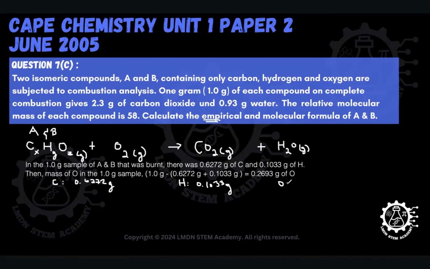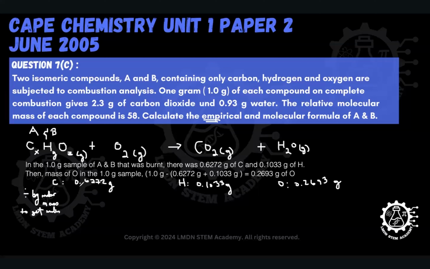And for oxygen, we just calculated that we would have had 0.2693 grams. And so what do we do when we have these masses now? The masses of each element that was present in that compound that we combusted, we're going to divide them by their molar masses to get moles. All right, so that's our next step.